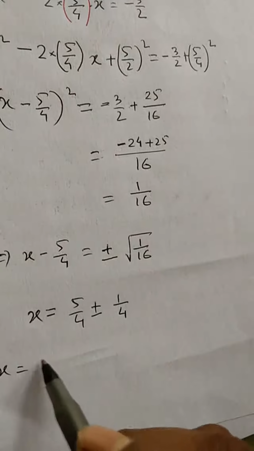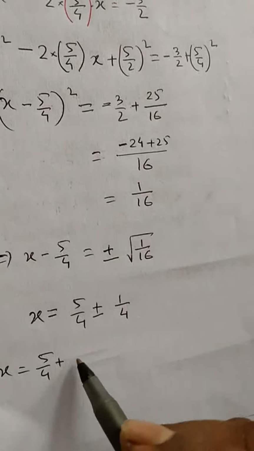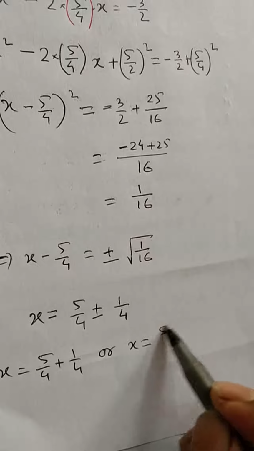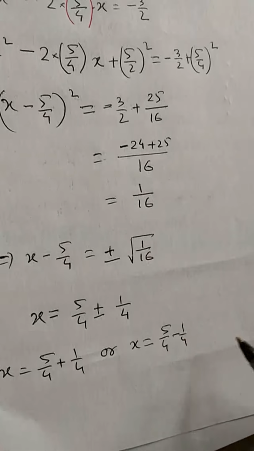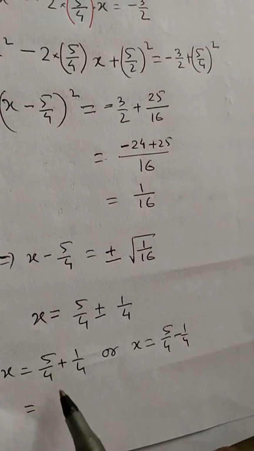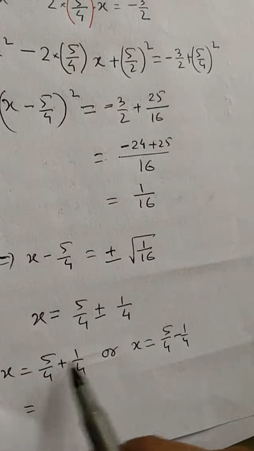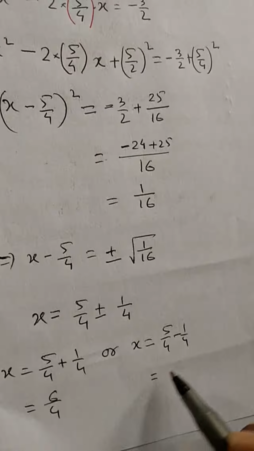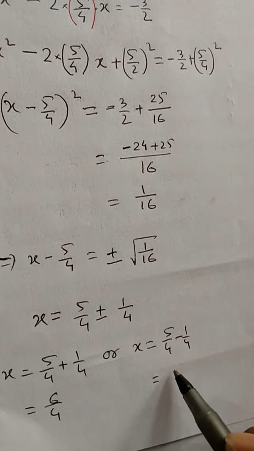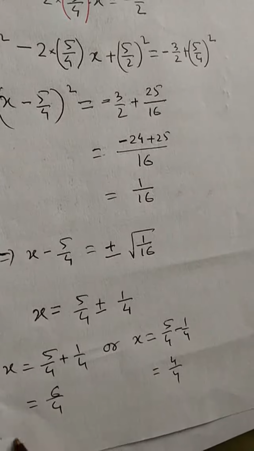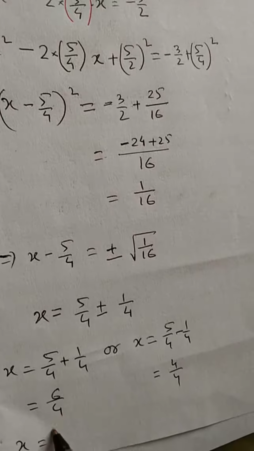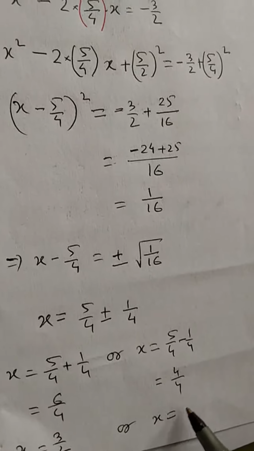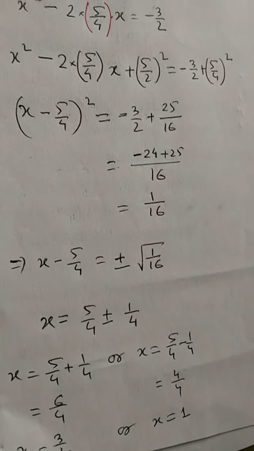So therefore x equals to 5 by 4 plus 1 by 4, or x equals to 5 by 4 minus 1 by 4. And then simplifying, LCM is 4 only, so 5 plus 1 is 6, 6 by 4, or here 5 minus 1 is 4, 4 by 4, so x equals to 3 by 2, or x equals to 1. So this will be the answer.